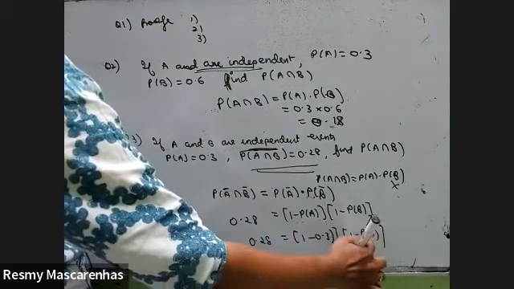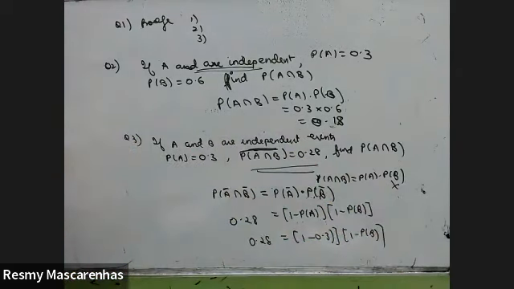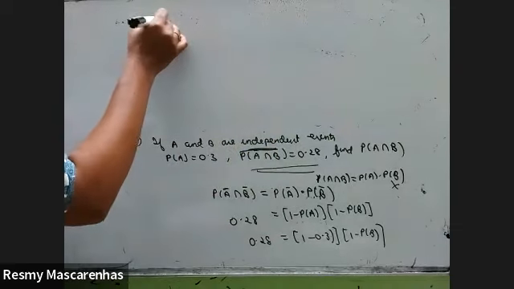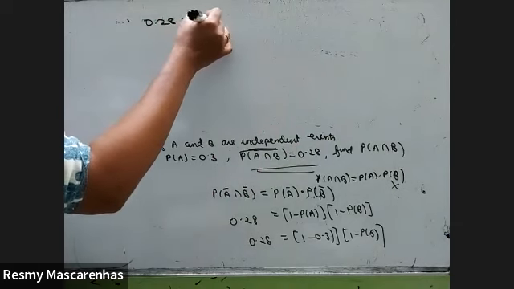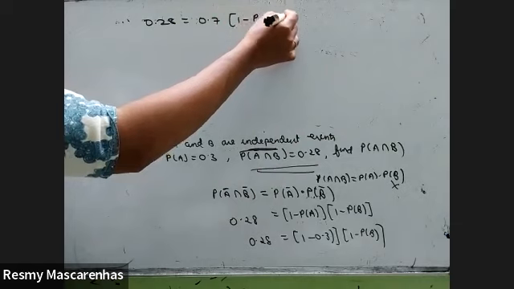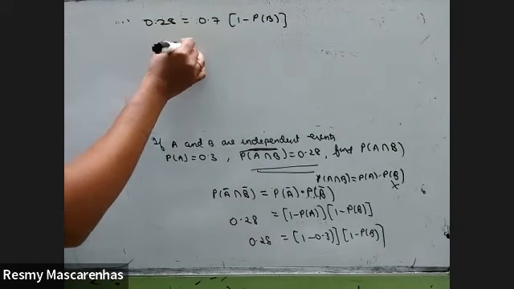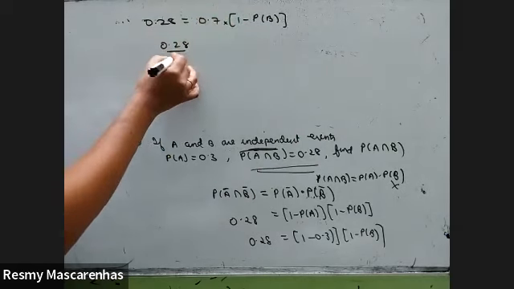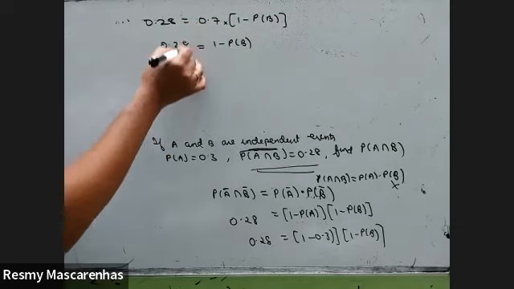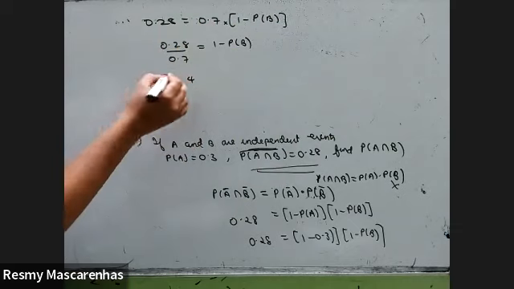P of A is given as 0.3. My aim is to find P of B first so that I can put here. So 1 minus 0.3 is 0.7. This will come down. This is multiplication.